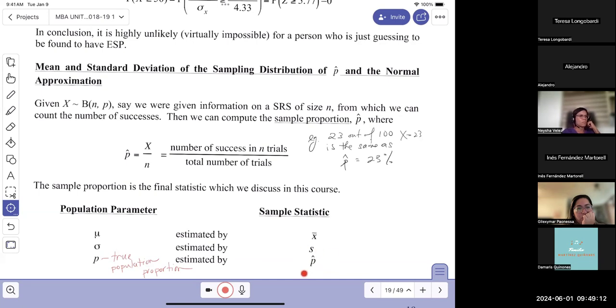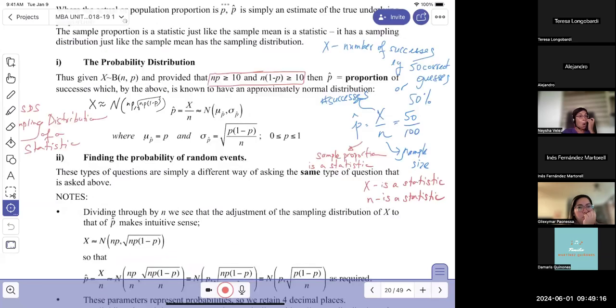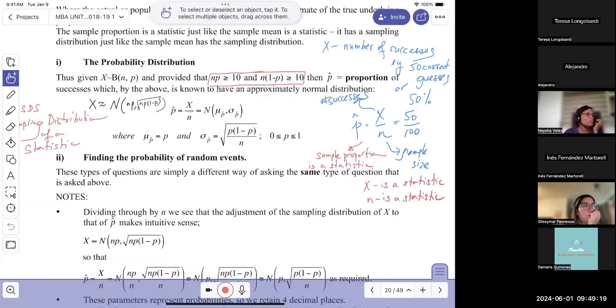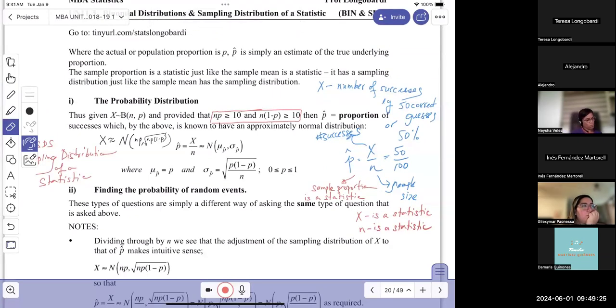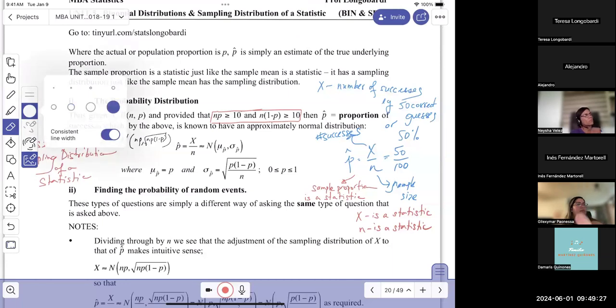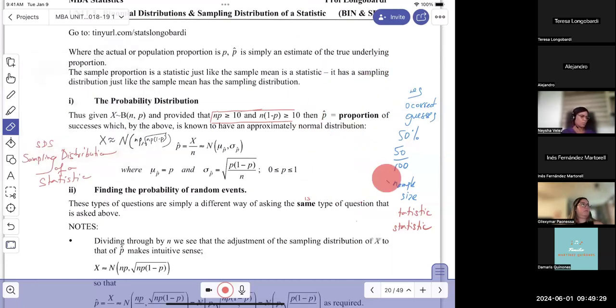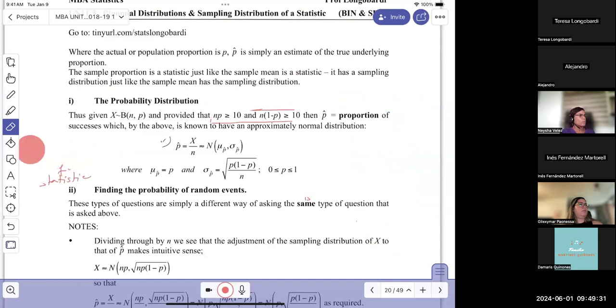What is its mean and standard deviation as a distribution? Let's read.